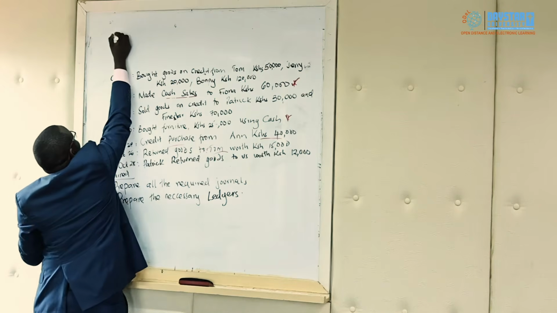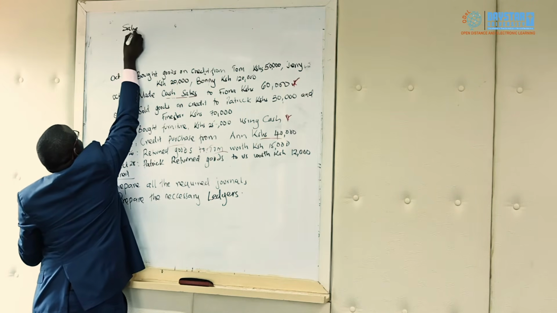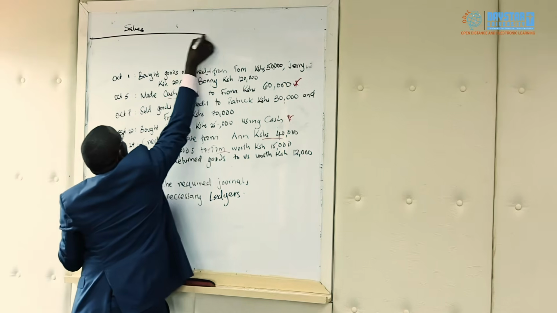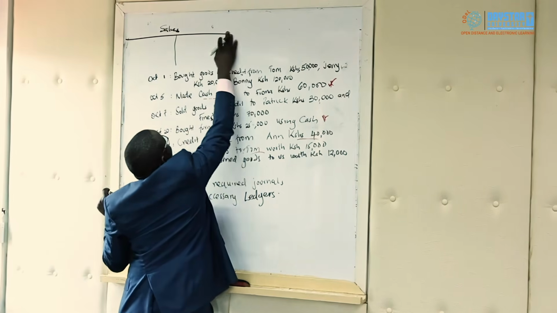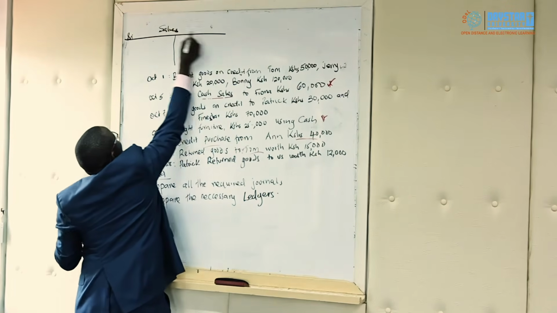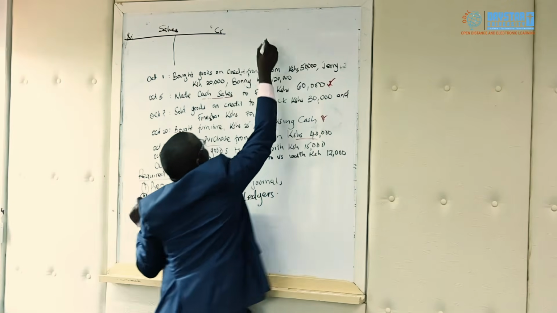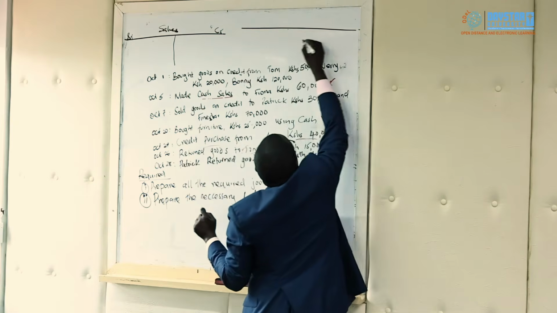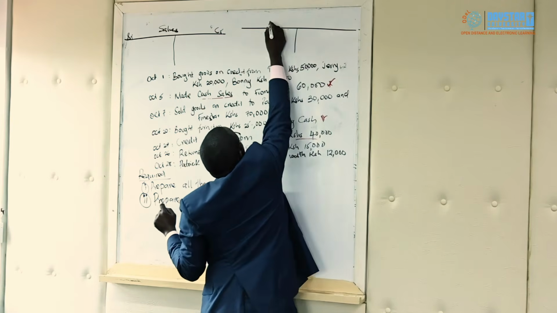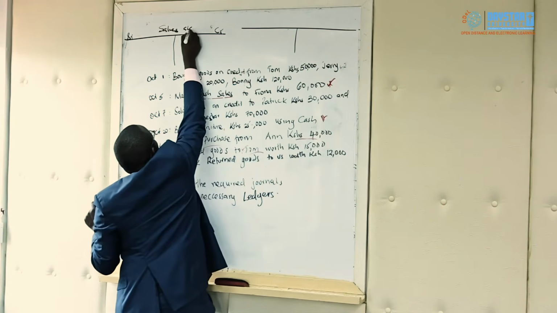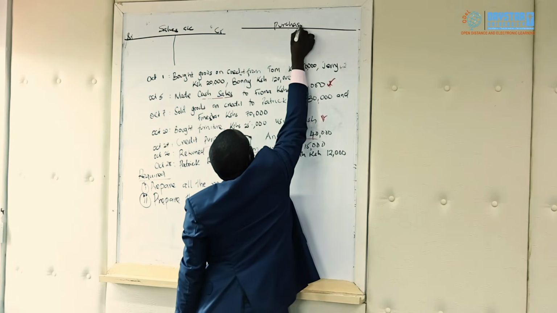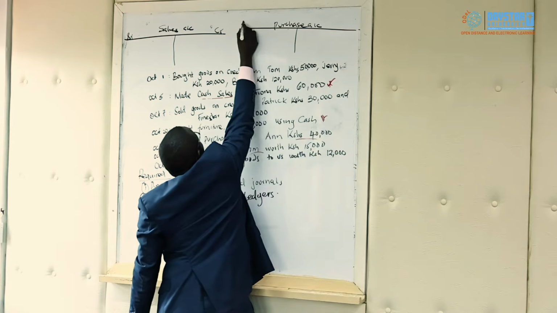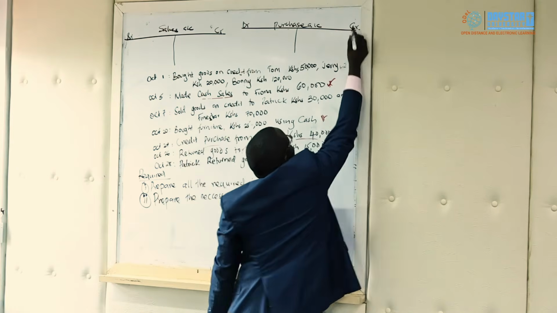I can start with sales ledger, sales. So here I will have debit, I will have credit. Then I go to purchase account, we have debit, we have credit.